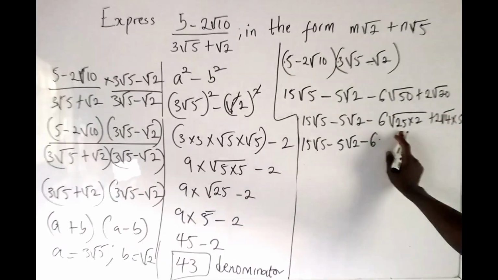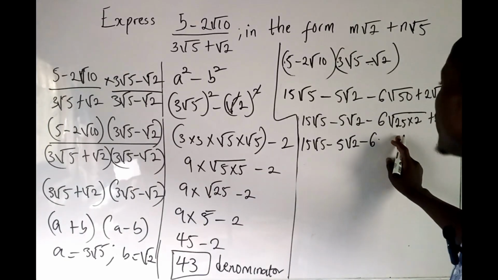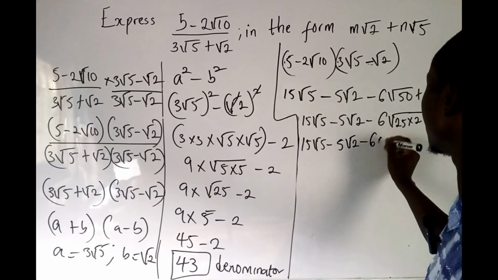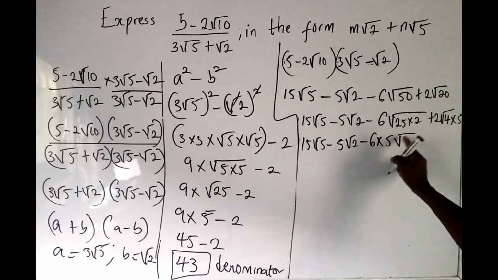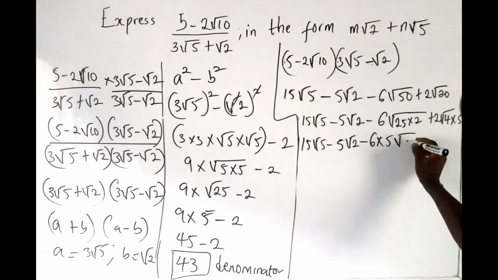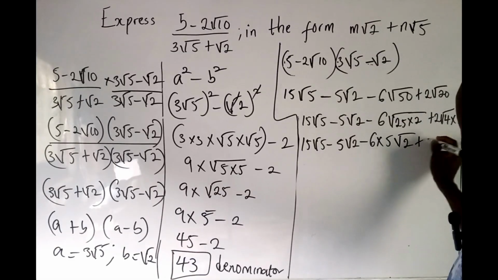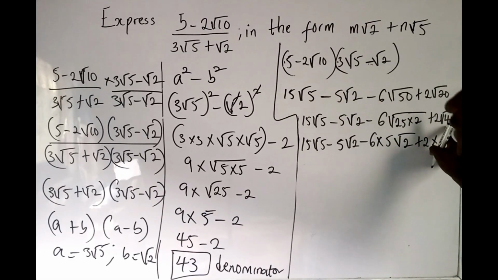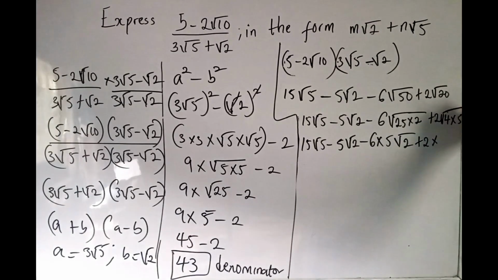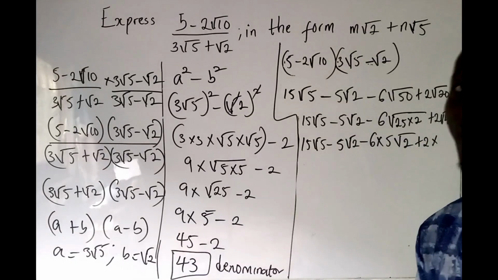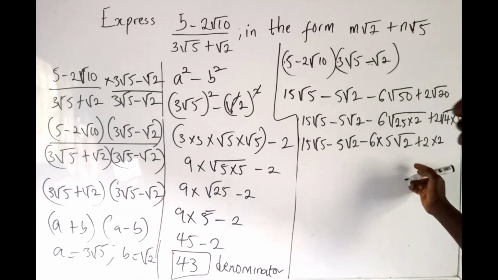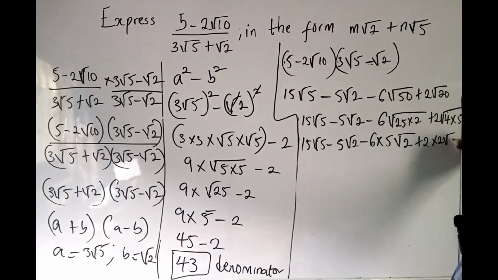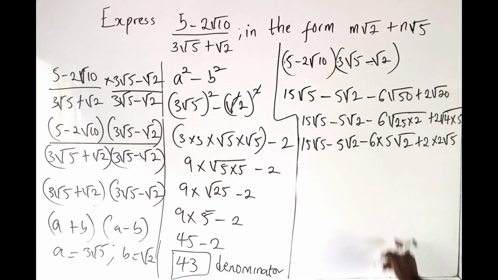Now 25 has a perfect square, and the perfect square is 5. So you bring it out, which is 5, and 2 remains in the root, because 2 doesn't have a perfect square. Then plus 2 times root of 4 times 5. 4 has a perfect square, which is 2, and 5 remains in the root because 5 doesn't have a perfect square.